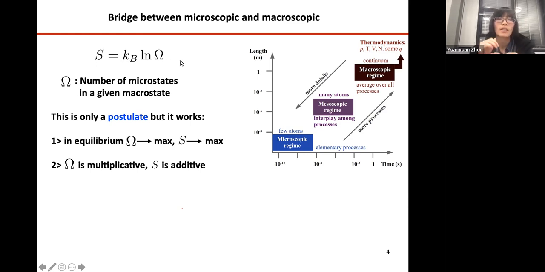Omega is the number of microstates, or you can simply regard it as the number of configurations in a given macrostate. This is only a postulate, but it works.